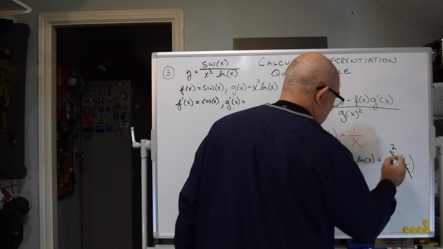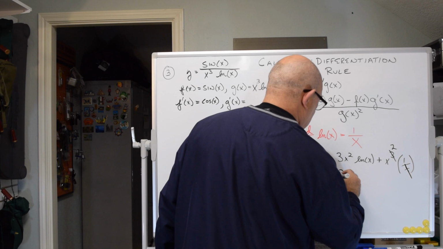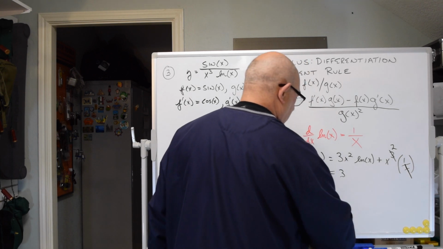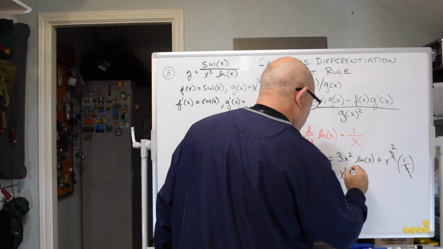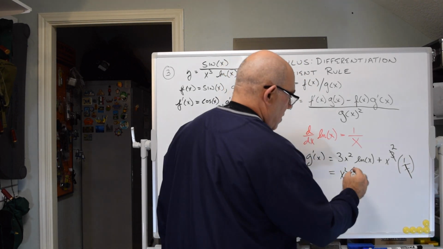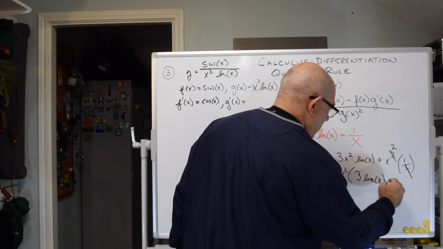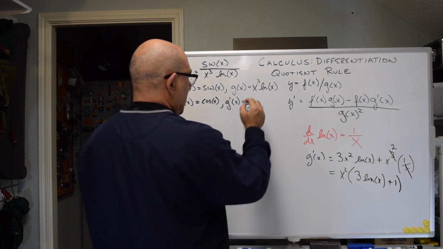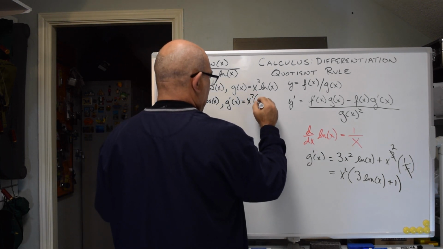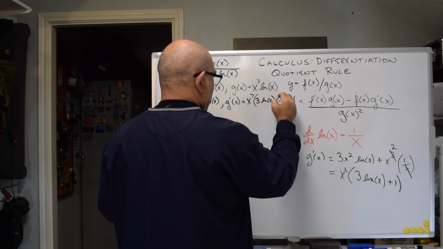This becomes x squared. I could simplify it a little more by taking the x squared out. So x squared times 3 log x plus 1. Let's rewrite this up here. We have x squared times 3 ln x plus 1.